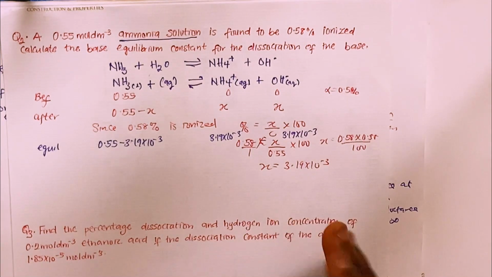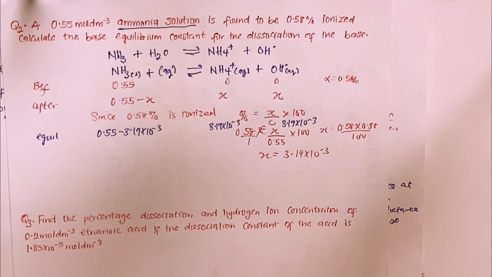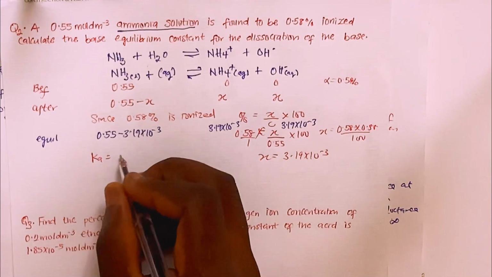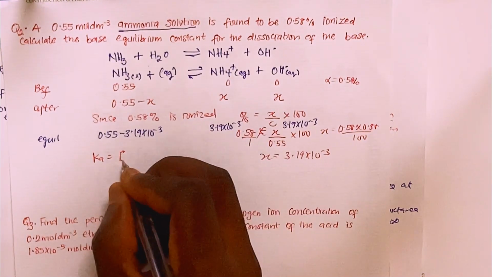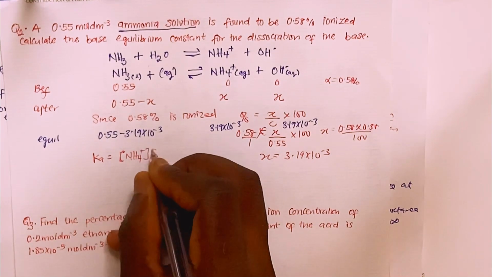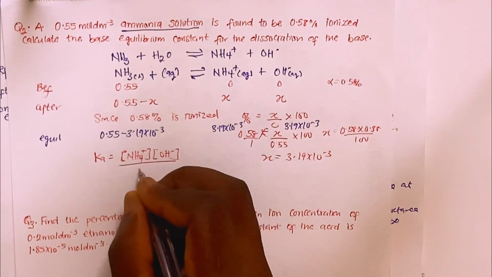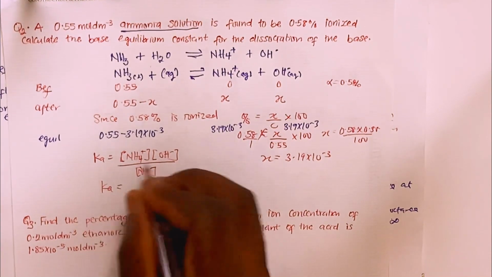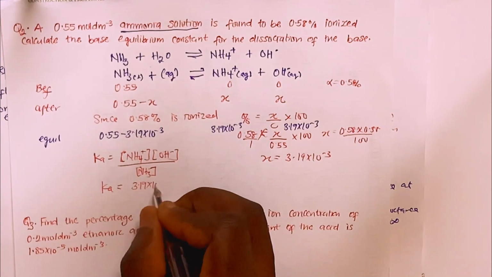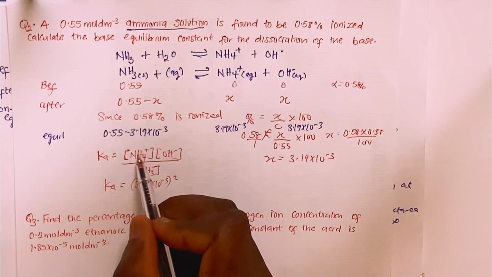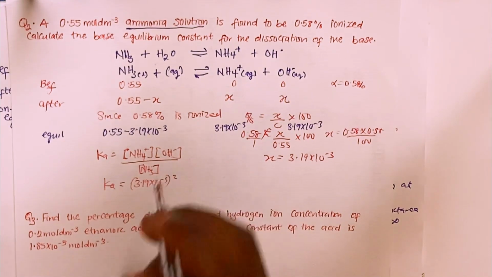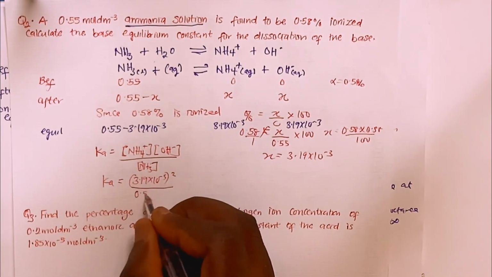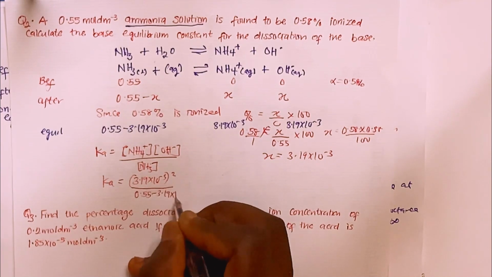Now let me apply Ostwald dilution law here. I'm going to use my Ka. My Ka equals the concentration of ammonium times hydroxide ion, divided by ammonia solution, NH3. So my Ka equals 3.19 times 10 raised to power minus 3, all squared, because both are 3.19 times 10 raised to power minus 3, divided by ammonia, which is 0.55 minus 3.19 times 10 raised to power minus 3.